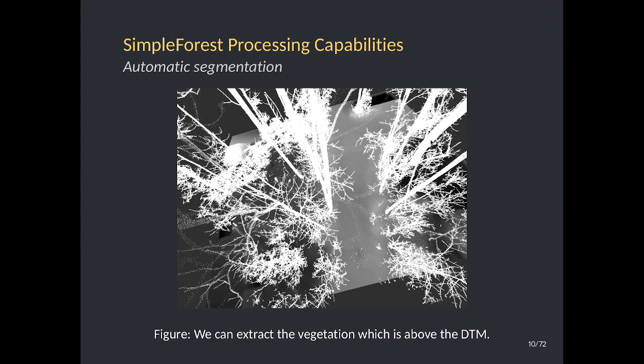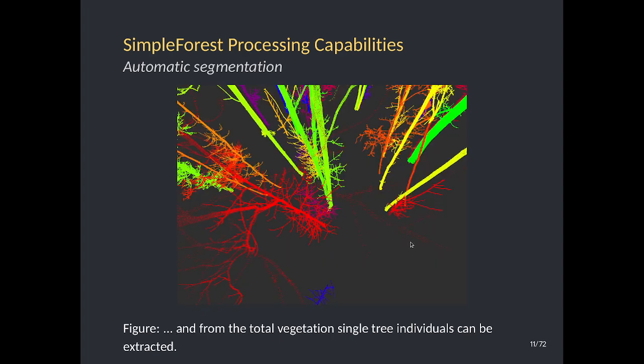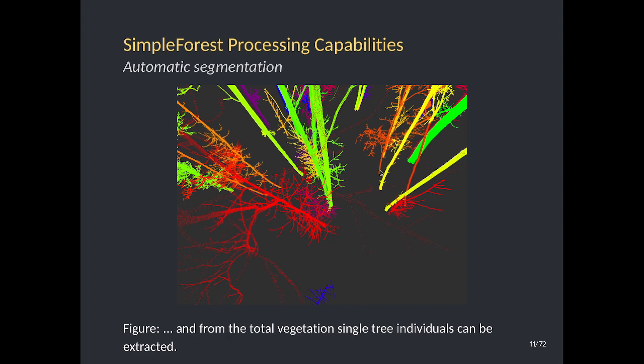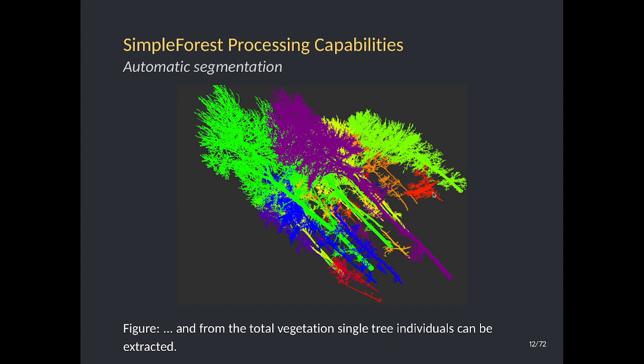So above the DTM we have the segmentation. We can already remove some lower vegetation and the trees remain, and then we can also in an automated manner cluster these clouds, and each tree gets a different color. That means that we have subdivided all this vegetation into meaningful tree subpoint clouds.